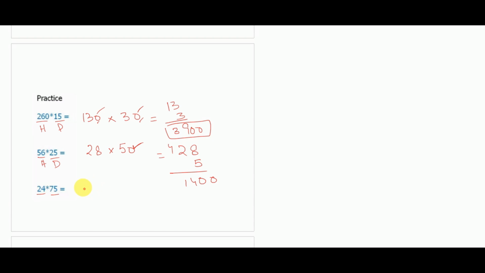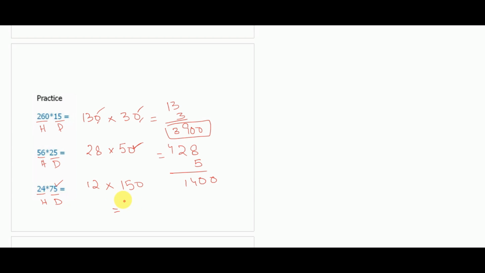Okay, so now I hope you must have tried this question. When we halve the even number we get 12, and when we double the 75 we get 150, and the answer is pretty simple.